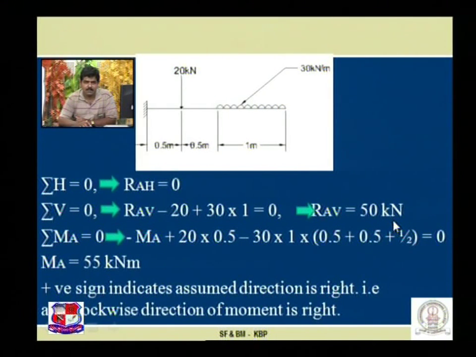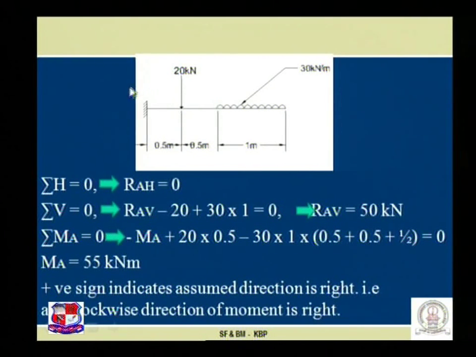Now, third, because this is the fixed support, at the fixed support there are 3 reactions: horizontal reaction, vertical reaction, and a moment. So my intention is to find the moment generated here, that is MA. For that, the summation of moments about A we treat as 0, and assuming MA is of anti-clockwise nature, so minus MA.